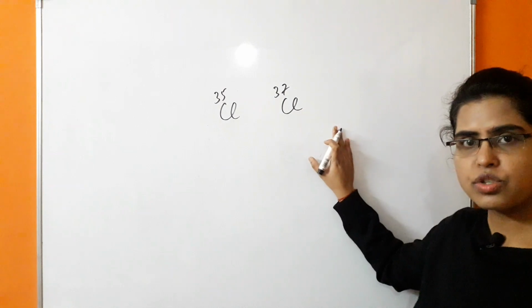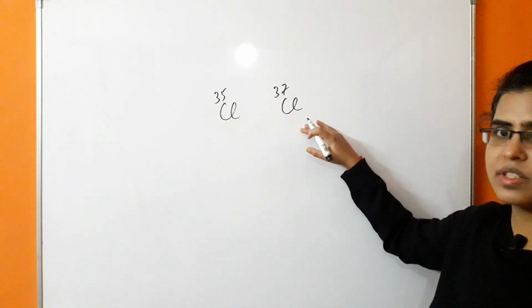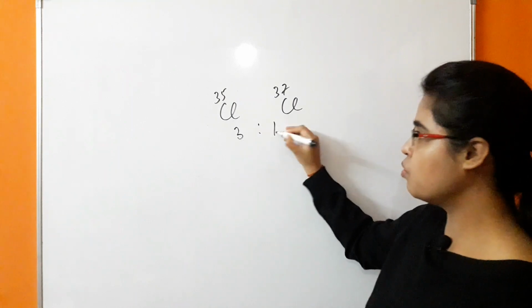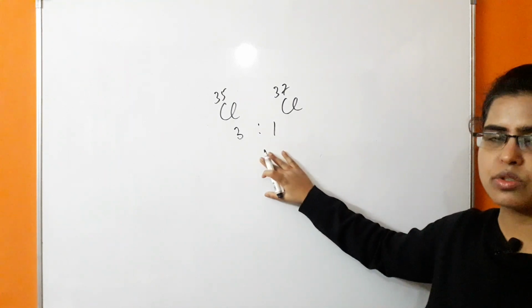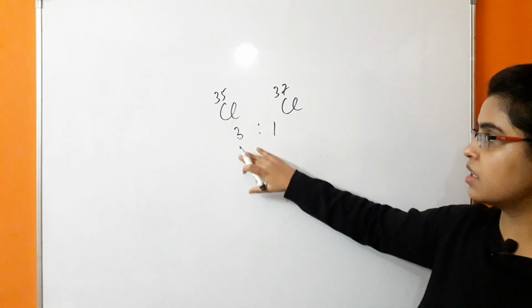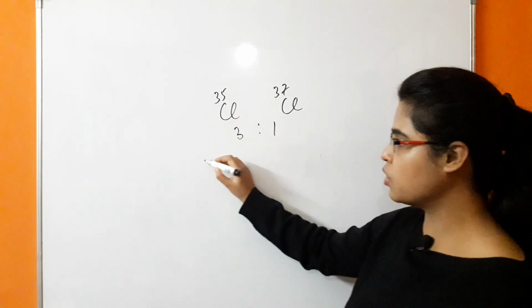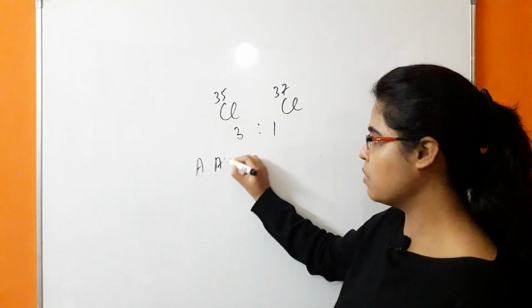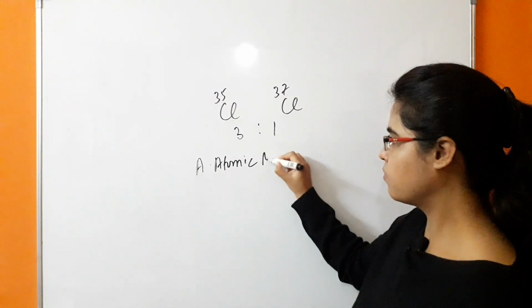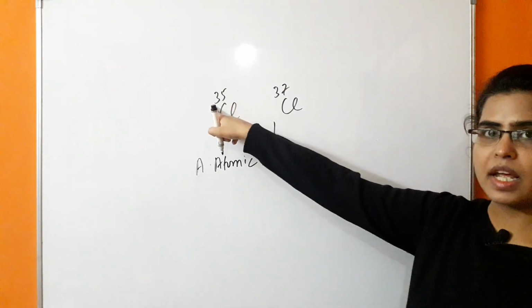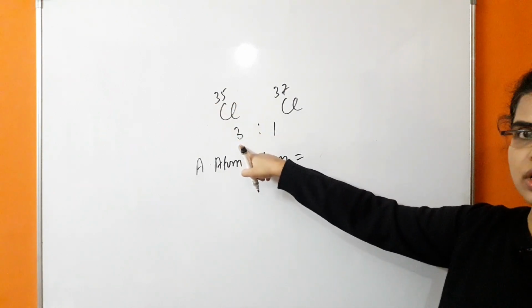So if in the question their composition is represented in the form of a ratio, say the ratio is 3:1, how will the average atomic mass of chlorine be determined? If the composition is given as a ratio, then the formula used is: average atomic mass is equal to the mass of each isotope multiplied by its share in the ratio, divided by the sum of the ratio.